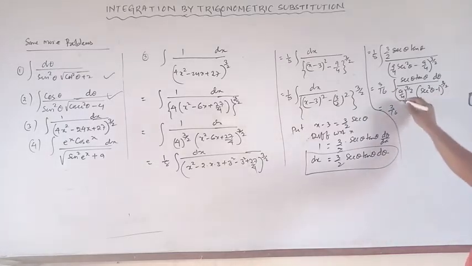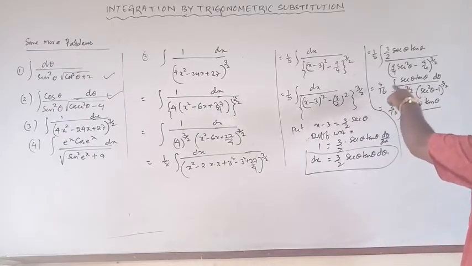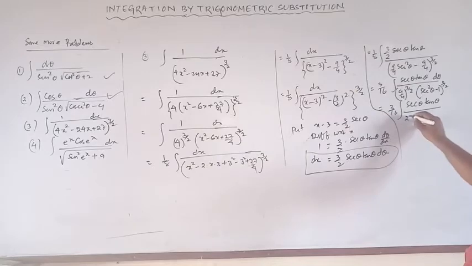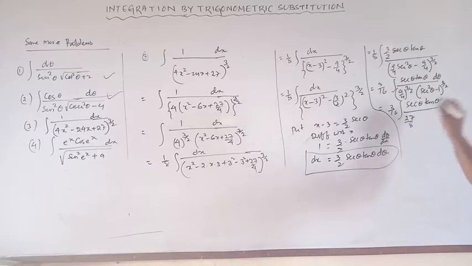3 by 16, and this is integration of sec theta into tan theta divided by 9 by 4 means what? 3 square cancel 27, this is 27, 2 cube, this is 8, and sec square theta minus 1 is equal to what?